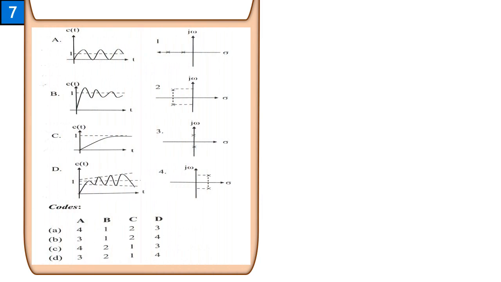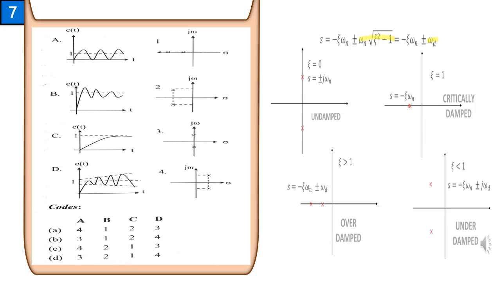The next question is also, we have to match this response with the location of the poles. So just remember the similar slide here, that for the location of poles, what type of response is there. I'm just marking what type of response it is on the basis of the slide which I have taught you.